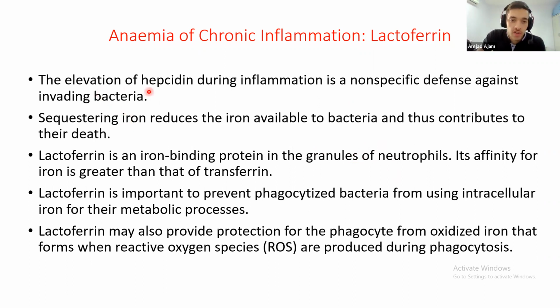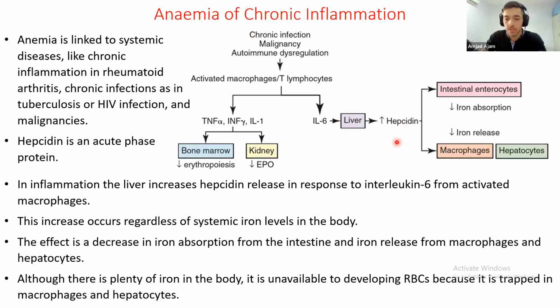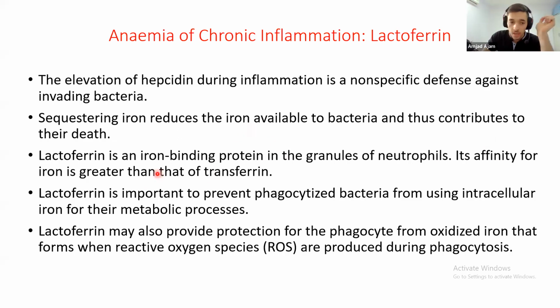So we said elevation of hepcidin during inflammation is a defense against invading bacteria. So why does our body increase hepcidin in this case? So we can reduce iron absorption and iron release, right? But what's the reason? Because, for example, bacteria use iron for their metabolic processes.